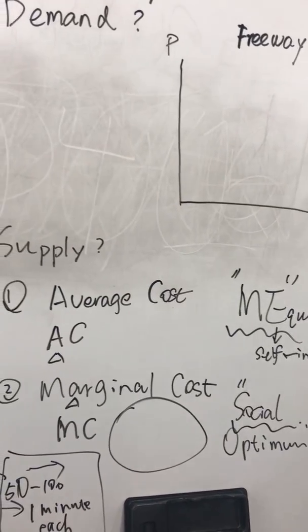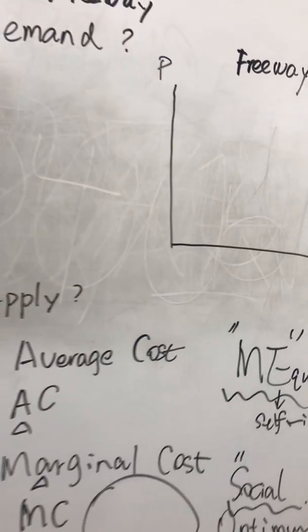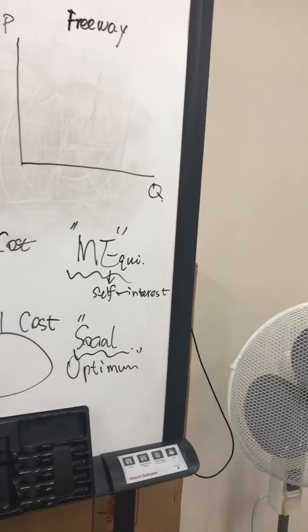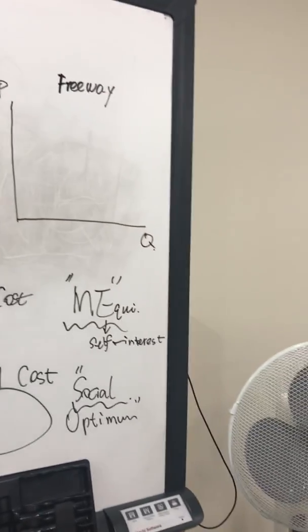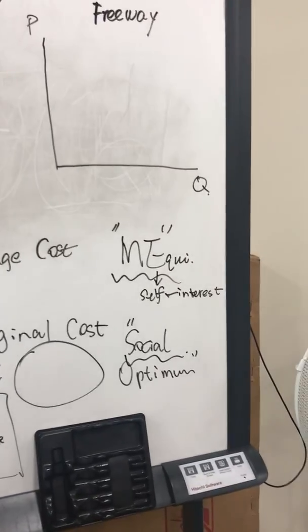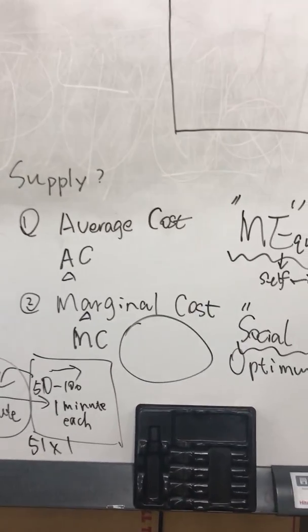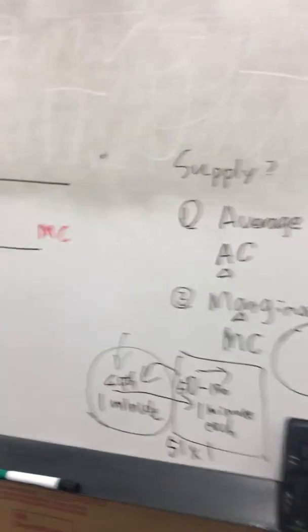The average cost curve will just describe the market equilibrium condition. And the second curve, marginal cost, will describe the social optimal case. Okay. First, we need to figure this out. That's from the supply side.